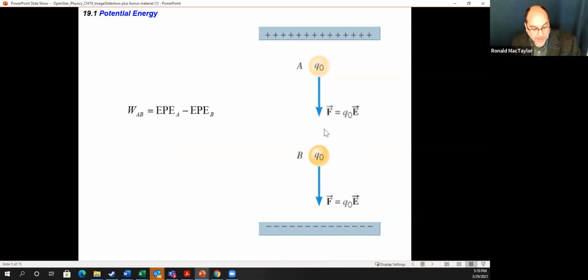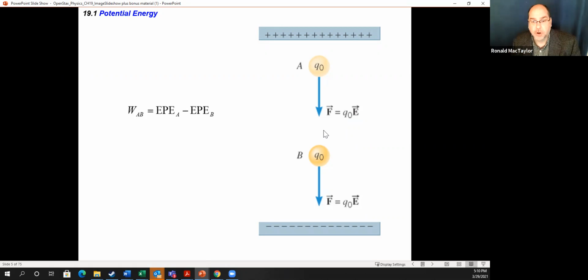If we move a charge around inside an electric field, we will have done work. Work is the change in potential energy. That's what it is if we're lifting up a box and we're changing the gravitational potential energy of the box. That's coming from us doing work.